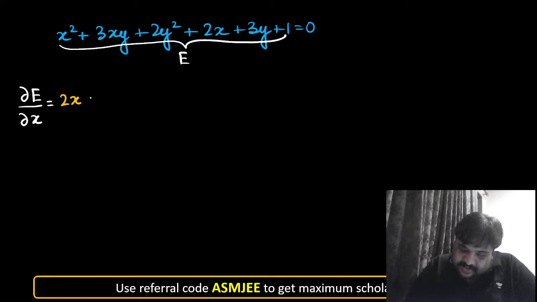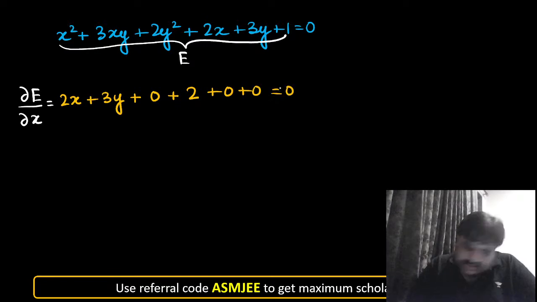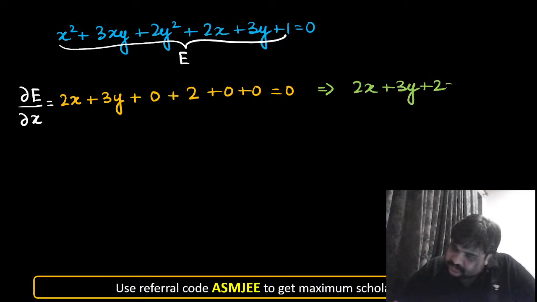So this becomes 2X plus 3Y plus 0 because Y is a constant, plus 2 plus 0 plus 0 equal to 0. That is the first one, which gives us 2x plus 3y plus 2 equal to 0.